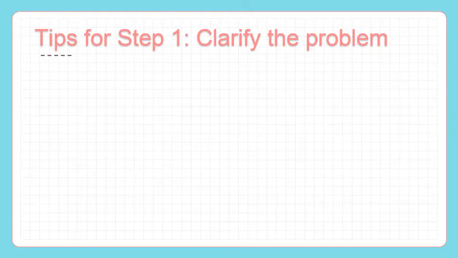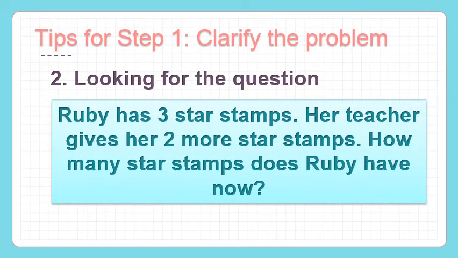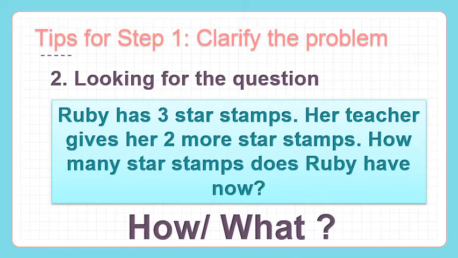Next, how do we find the question? Always remember that a question statement will always start with the word how or what. Example, how many star stamps does Ruby have now?